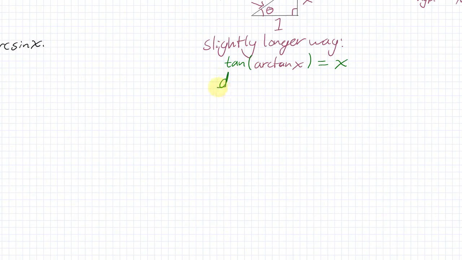So the derivative of the outer function, the derivative of tangent, is 1 over cosine squared, but with arctangent of x still plugged in.